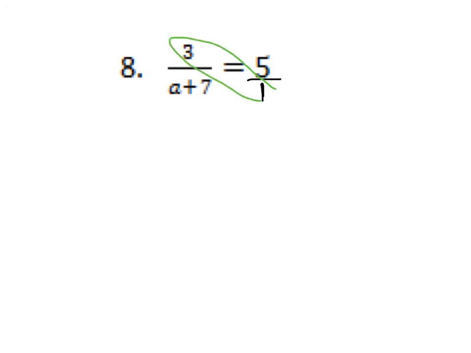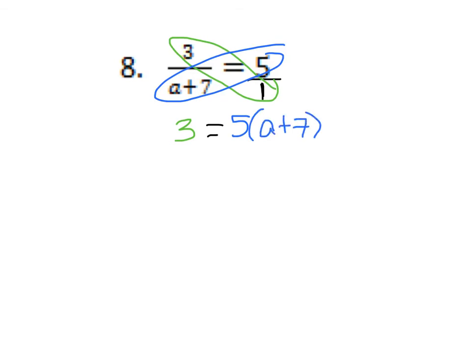So I have 3 times 1, which is 3, equals 5 times a plus 7. So I'm going to distribute on the right. 5 times a is 5a. 5 times 7 is 35. And it's still equal to 3 on the left.